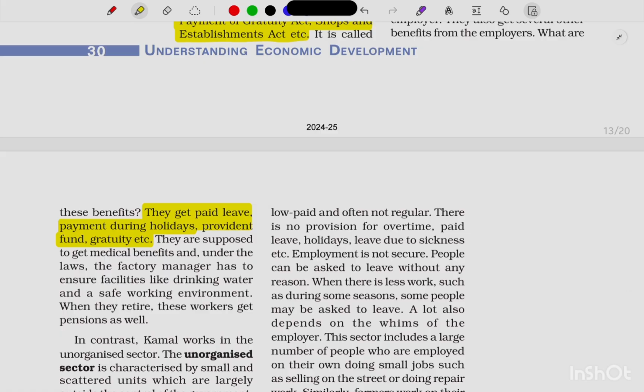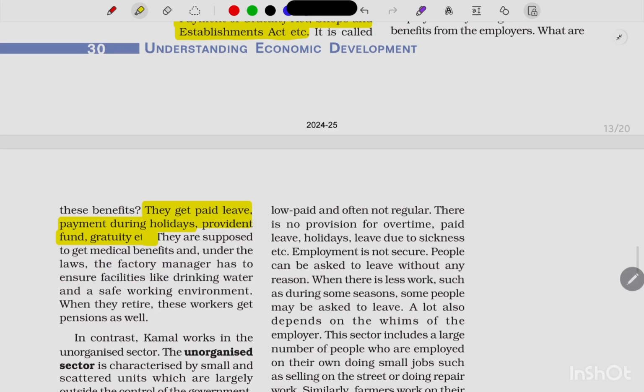And under the laws the factory manager has to ensure facilities like drinking water and a safe working environment. When they retire, they also get pensions as well. Sick leaves, pensions and what-not. The organized sector is somewhere working actually feels good.